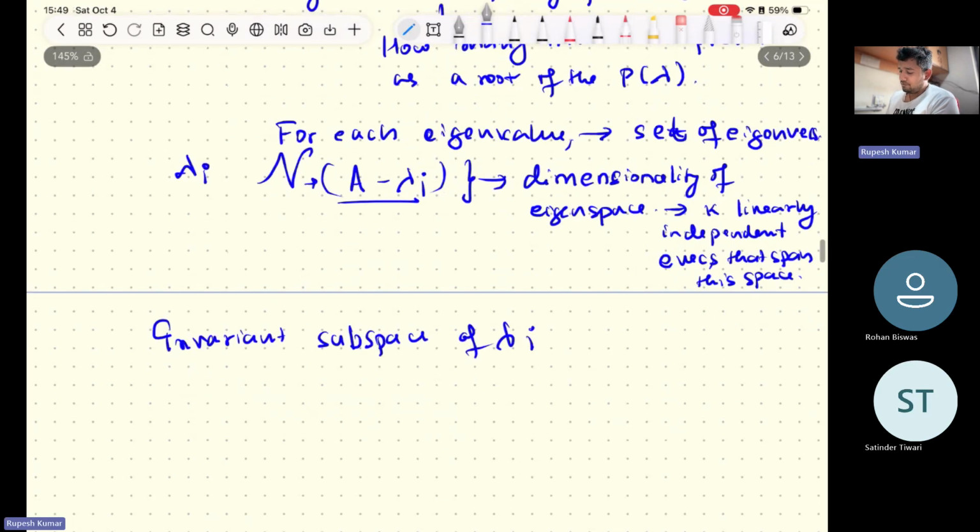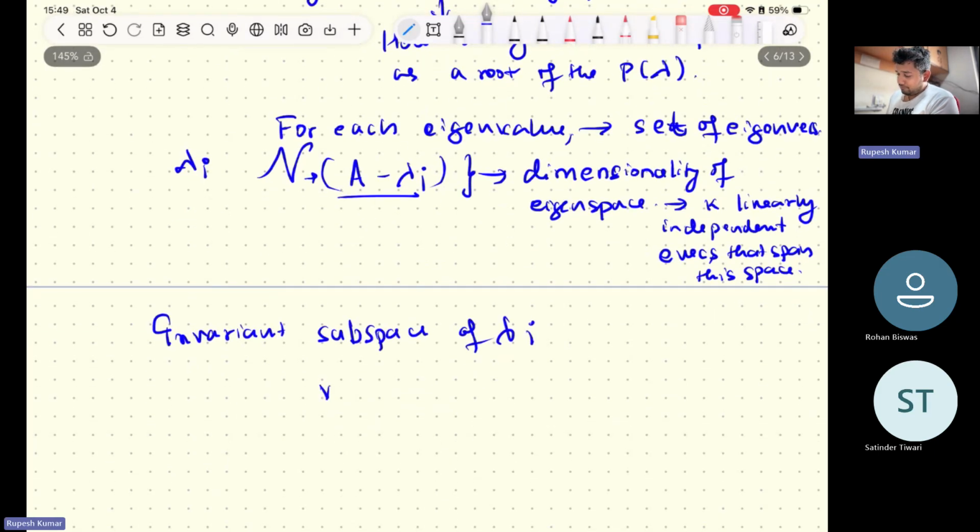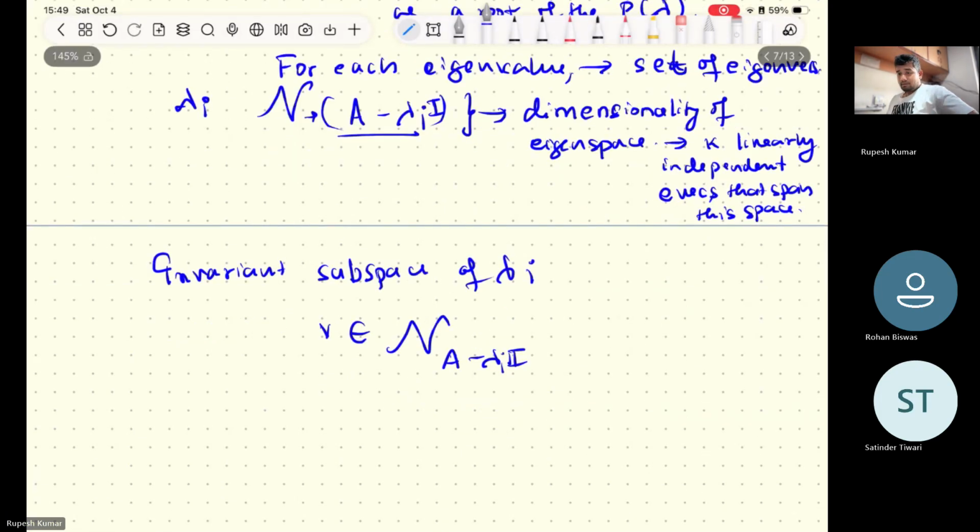Why invariant subspace of lambda I? So let's say a vector v belongs to the null space of A minus lambda I times the identity matrix, right? Then we will see that Av will be equal to lambda v. So basically you are only scaling that vector. You are not changing the vector direction.